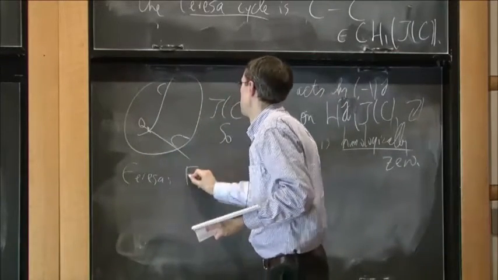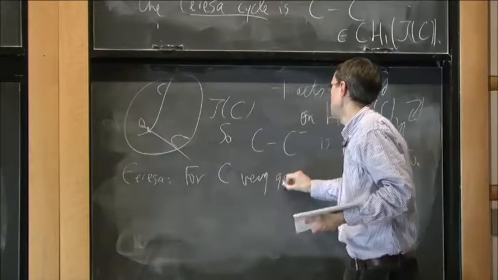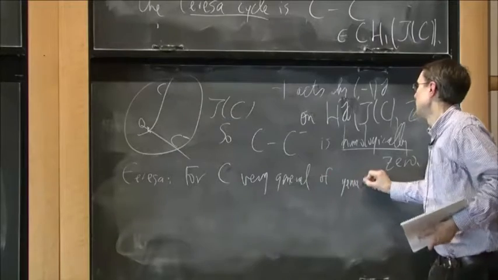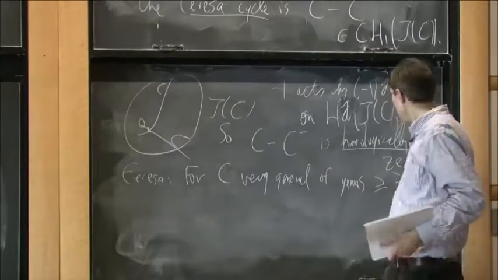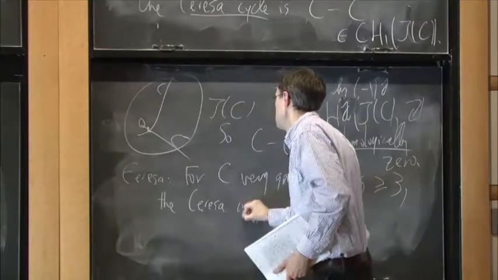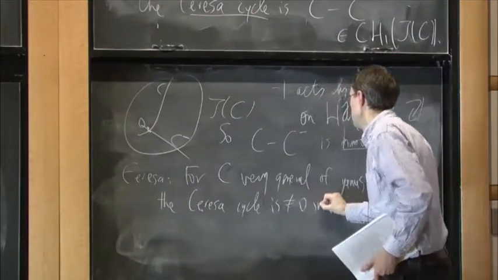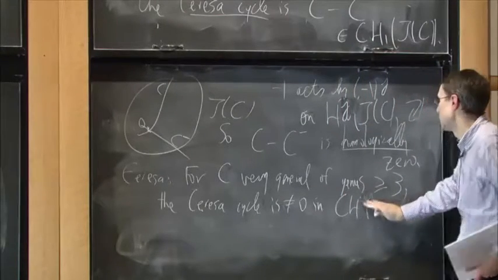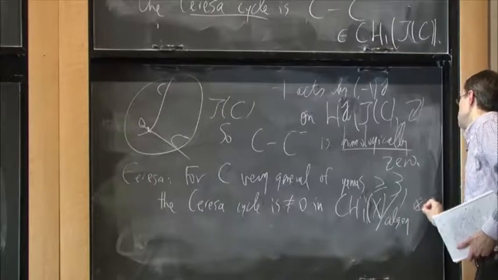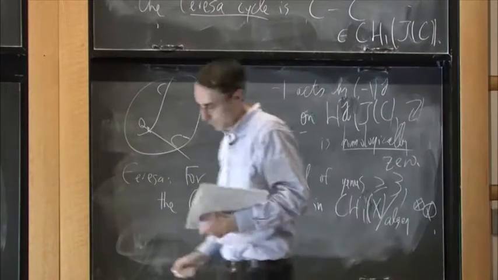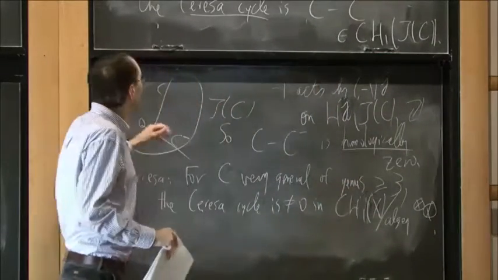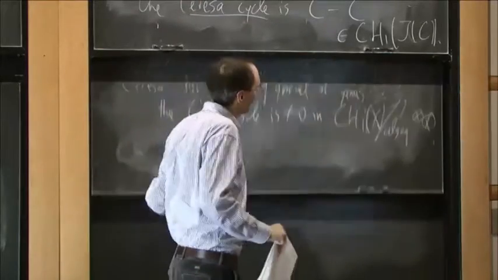So for C very general of genus 3, or in fact, you could define this in any genus, the Ceresa cycle is not 0 in the Chow group of one-dimensional cycles modulo algebraic equivalence tensor Q. Okay, so that's how you get one non-zero element of the Griffiths group for a general abelian threefold.